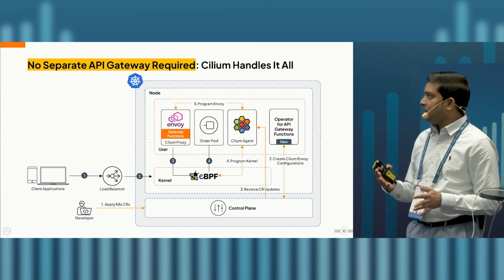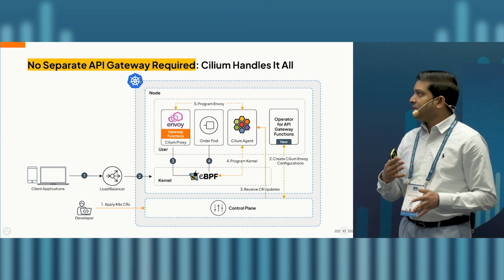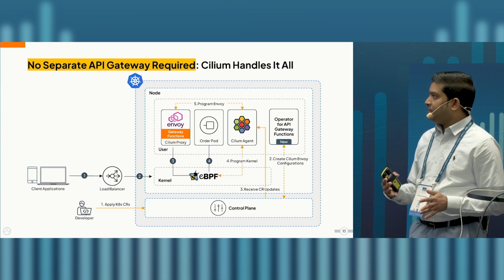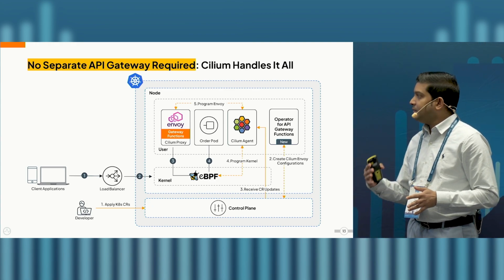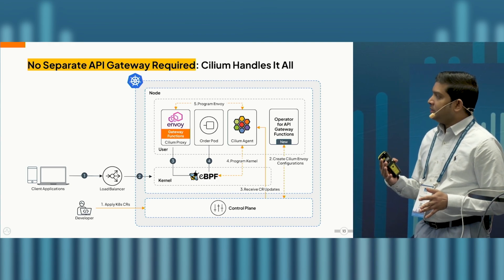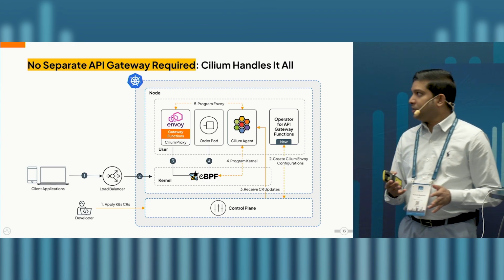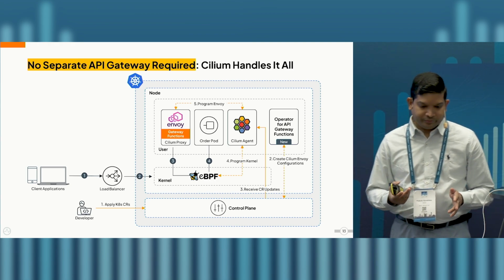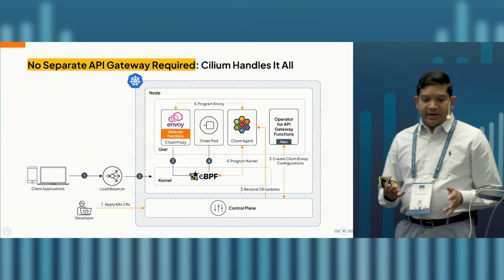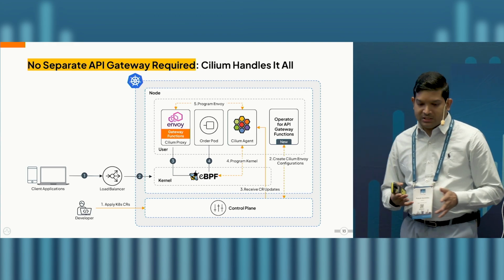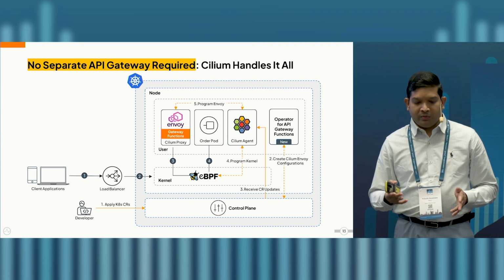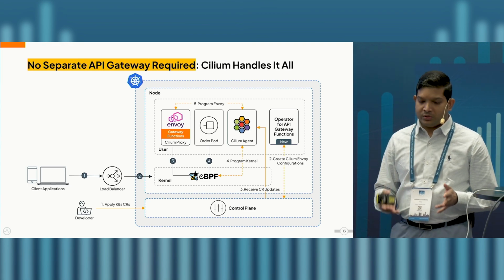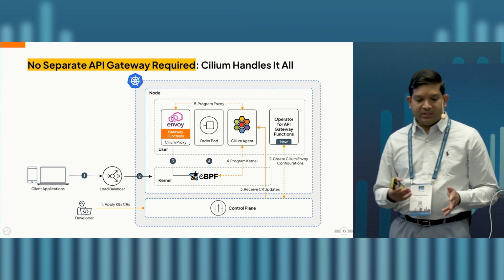So with this architecture, we remove the API gateway from the picture, and in the runtime layer, we make sure all the capabilities are incorporated into the Cilium proxy itself. This enhancement significantly optimizes both north-south and east-west traffic management, all while incorporating a robust zero trust security model within the system.